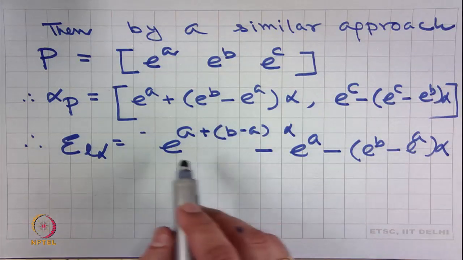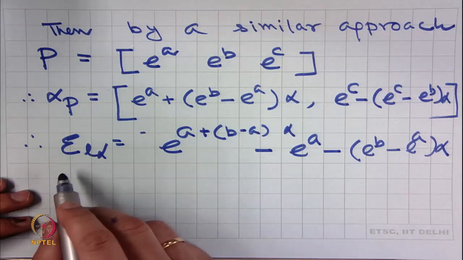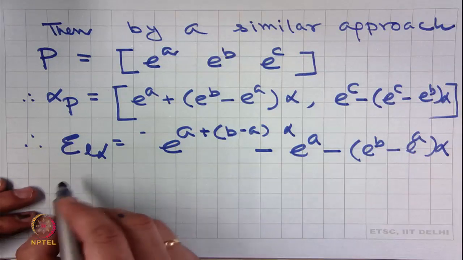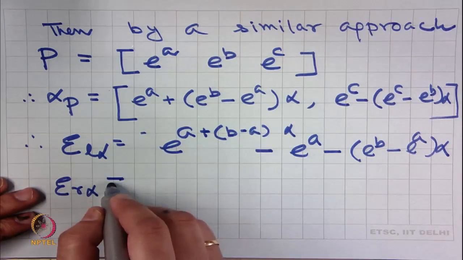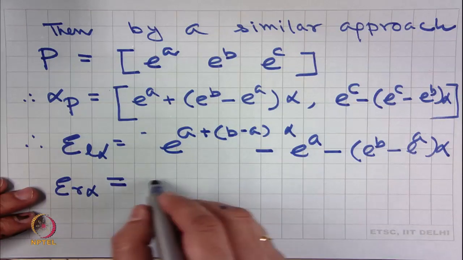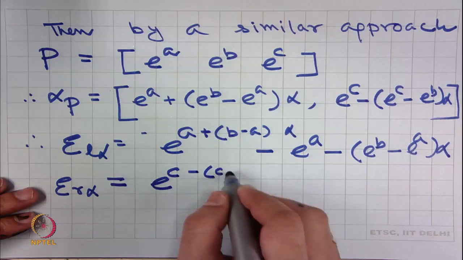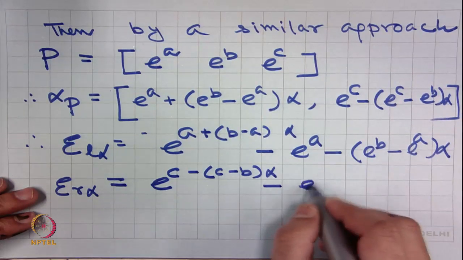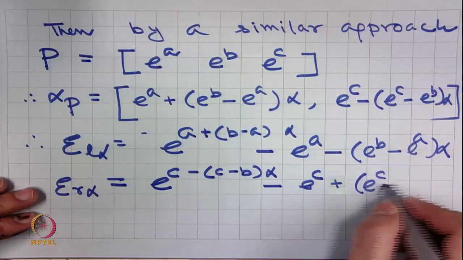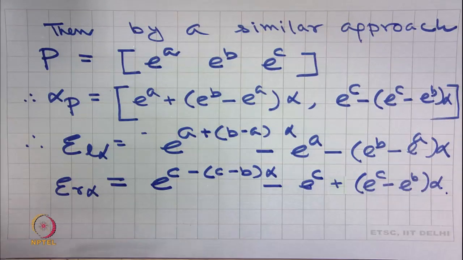Therefore, their difference is giving us the divergence, which is epsilon L alpha, and in a similar way epsilon R alpha is equal to e to the power c minus b alpha minus e to the power c plus e to the power c minus e to the power b alpha.